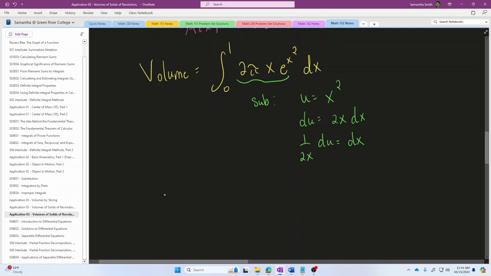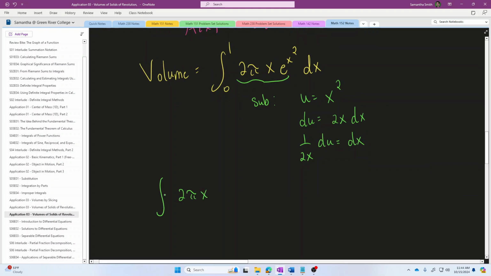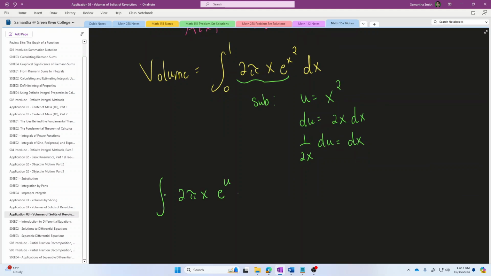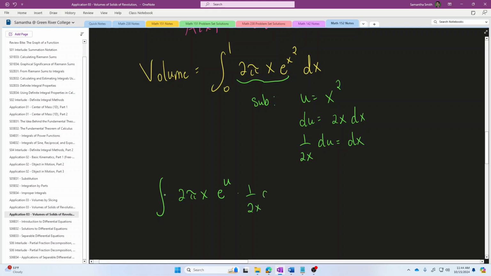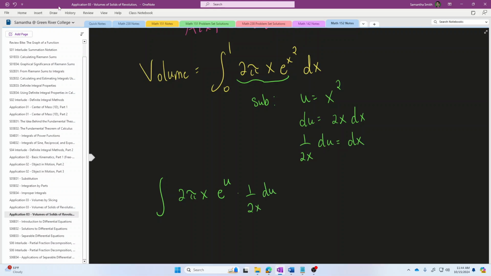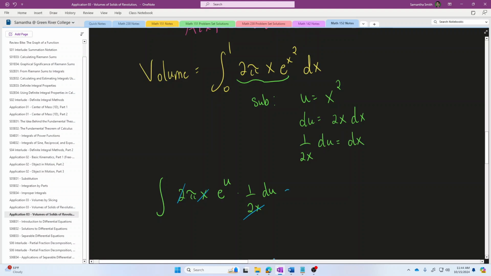If I put that information into the integrand, I get 2 pi x e to the power u times 1 over 2x du. And that has worked out very nicely because this 2x cancels this 2x, and all I'm left with is the integral of pi e to the u.